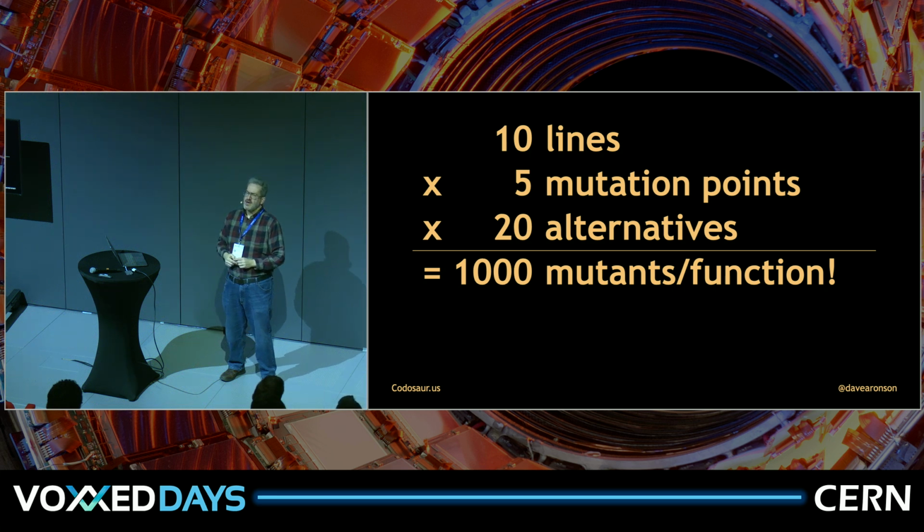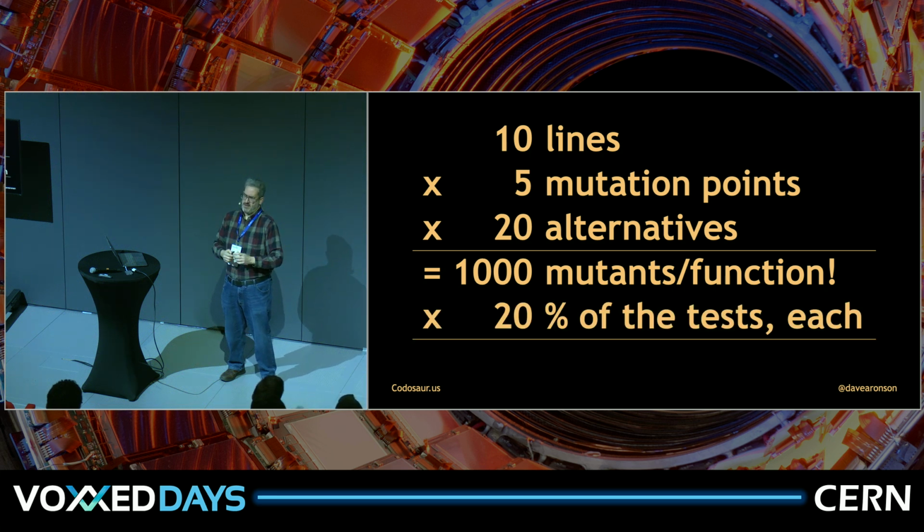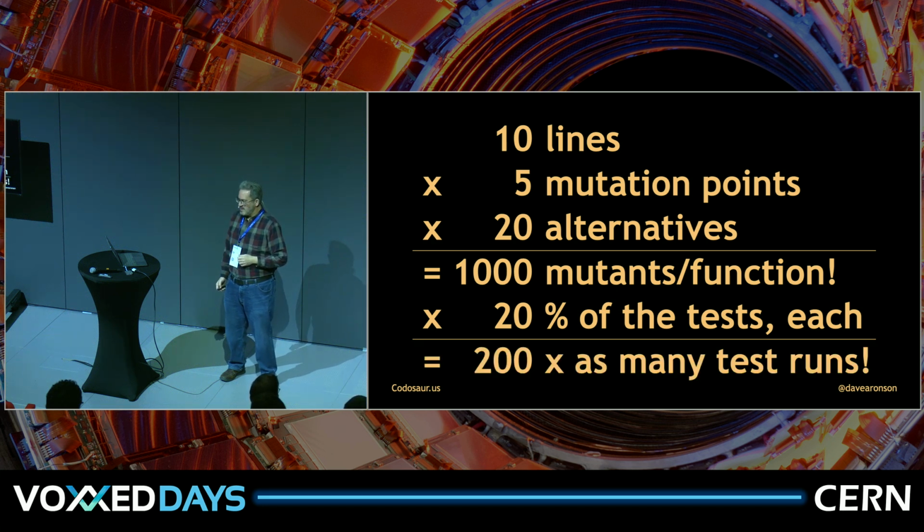Suppose we wind up running just 1/5 of the tests per function on average. Since we start with 1,000, that still winds up being 200 times as many test runs as just running the test suite. Not necessarily unit, could be some integration tests in there and so forth.